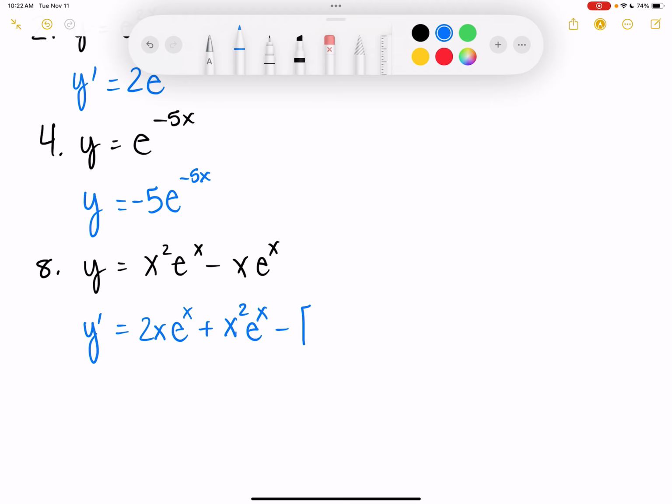Minus, I would probably bracket this off instead of putting the negative sign with the x, but it's really just a preference thing.